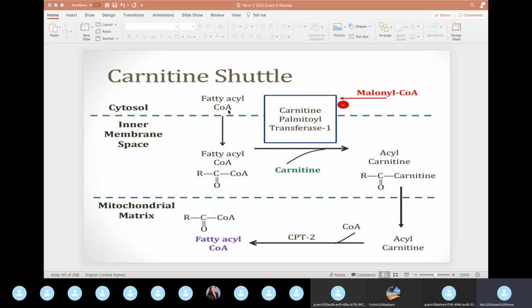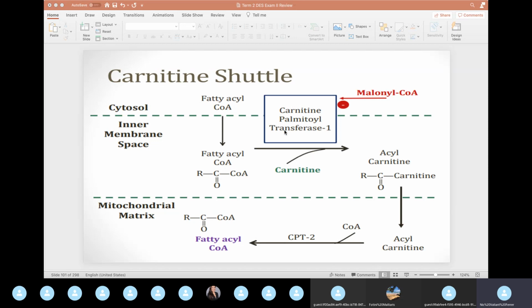So fatty acyl-CoA from the cytosol, we're going to travel back to the inner membrane space. It will be converted to acyl carnitine. There's an enzyme that regulates the conversion of the fatty acyl-CoA to acyl carnitine.